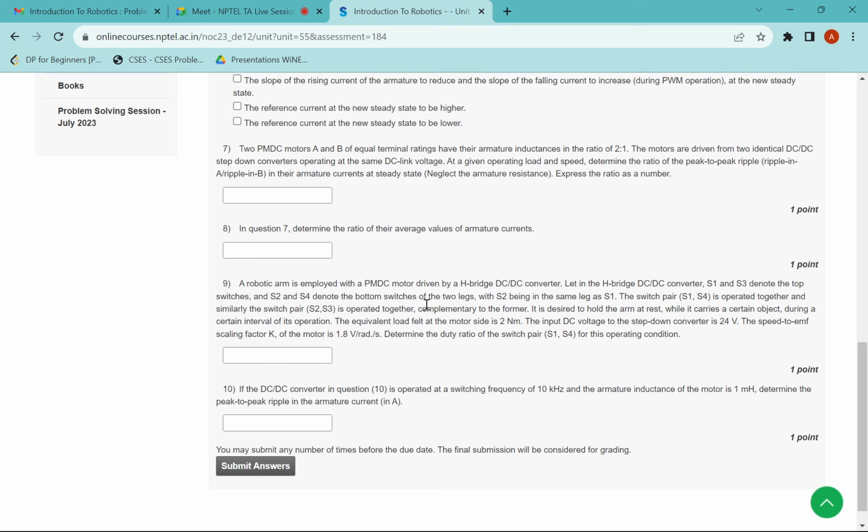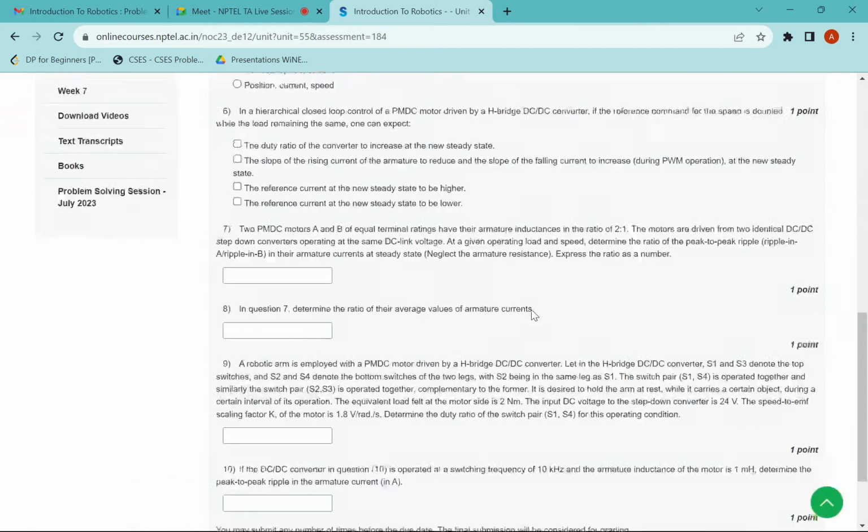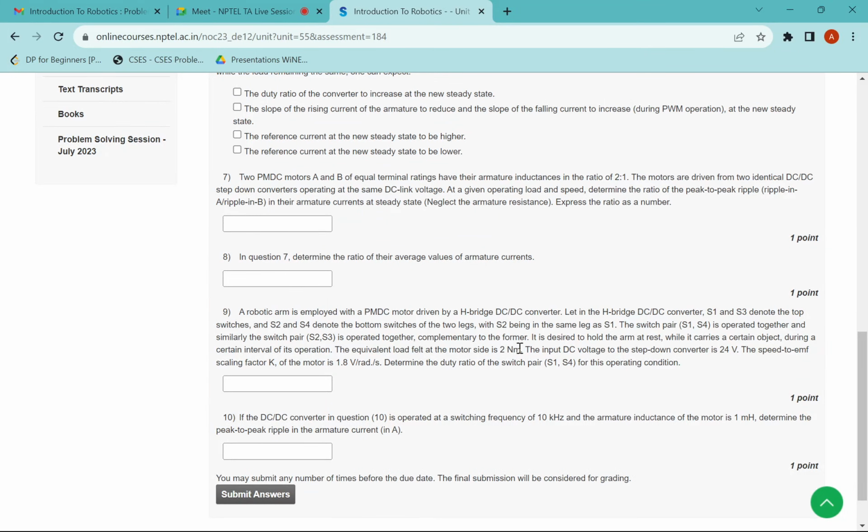What is your doubt in this? To find the average voltage in question number 9 of assignment 6, the input voltage is given, the load is given, but no resistance is given. Second, no omega is given to find the back EMF. So how do we find the average voltage here? Without the average voltage, I don't think it's possible to find the duty cycle, the duty ratio.